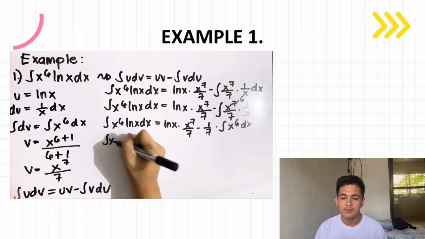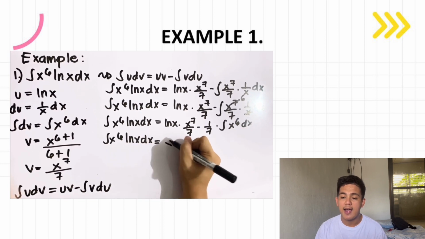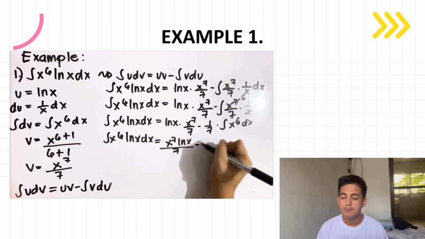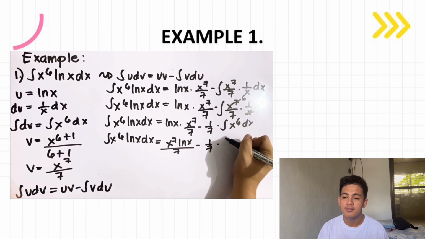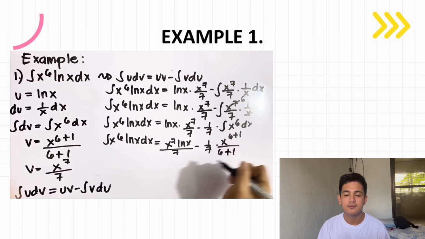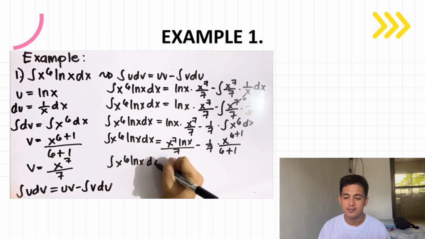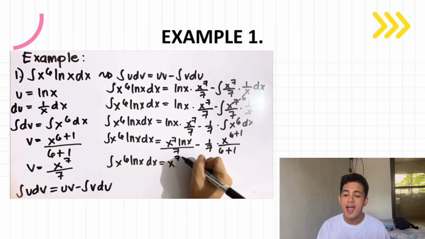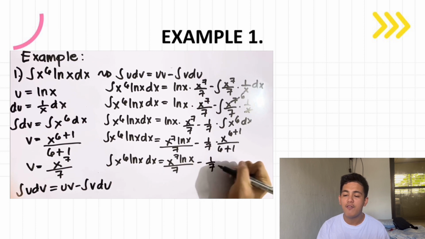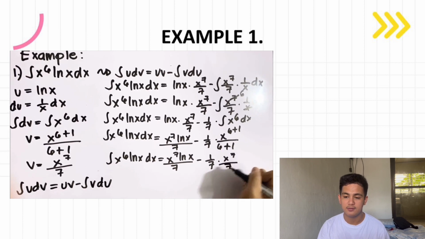So now, integral of x^6 ln x dx is equal to x^7 ln x over 7 minus 1/7 times x^(6+1) over 6+1. Integral of x^6 ln x dx is equal to x^7 ln x over 7 minus 1/7 times x^7 over 7.